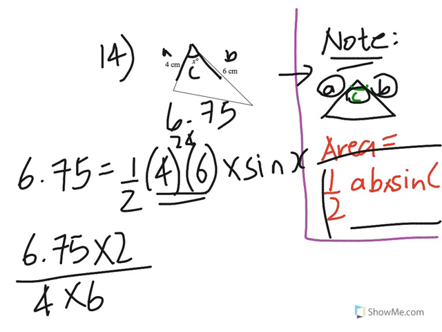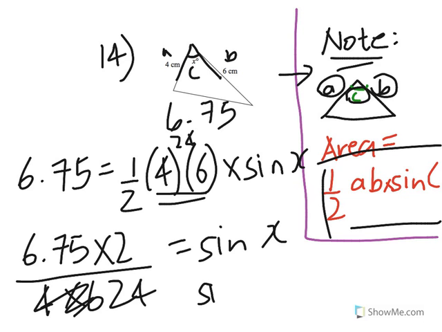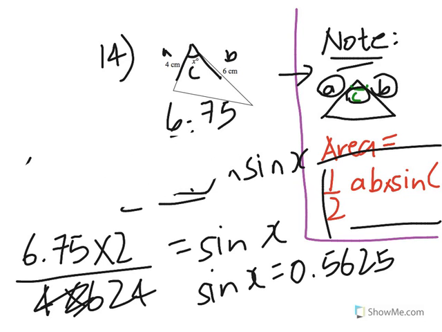So you just divide both sides by 24, and you get sine x is equal to 0.5625.